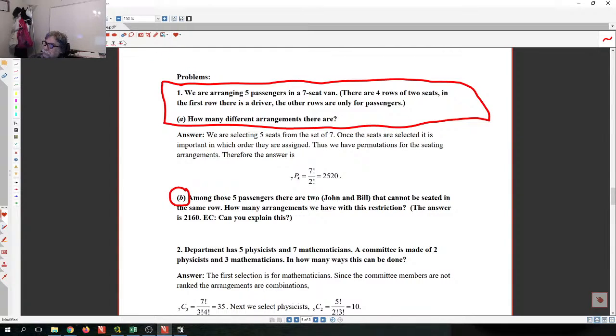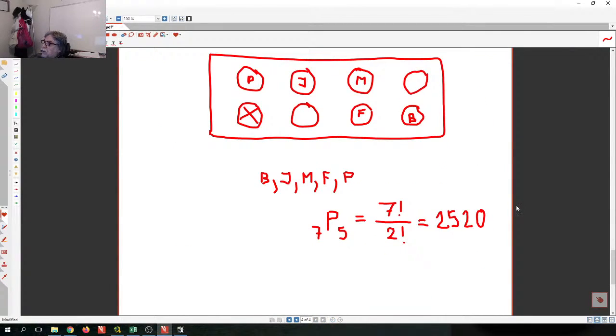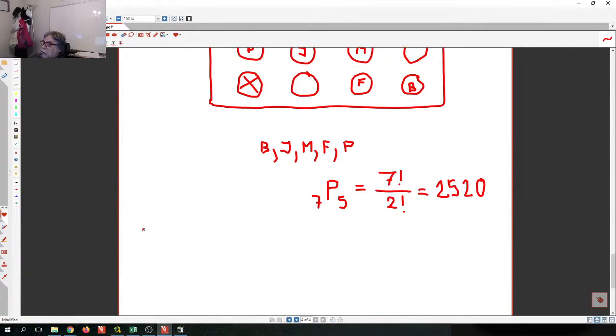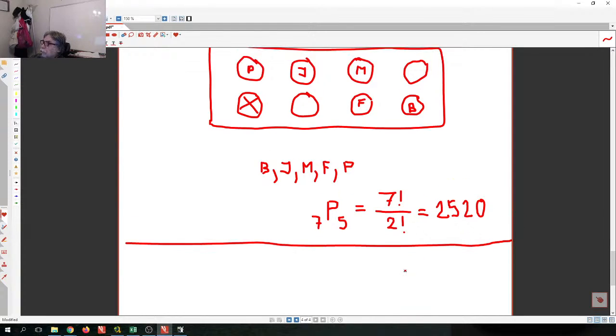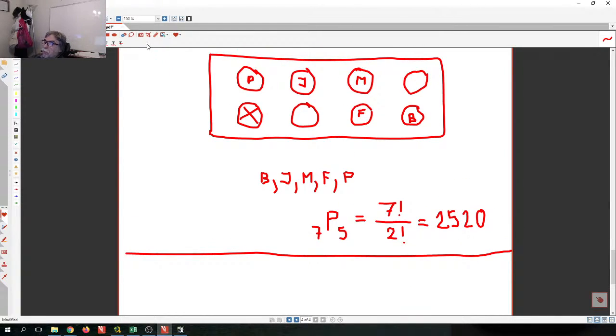All right? I'll first answer the question, in how many ways can I seat these 2 guys in the same row? And that's an easy answer. I can put them here in the same row, John and Bill. I can also reverse this.